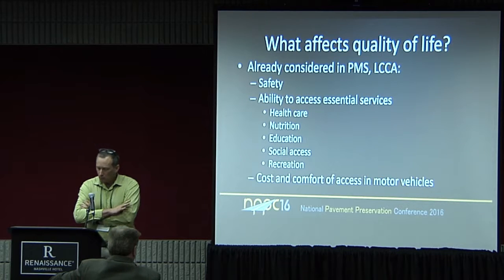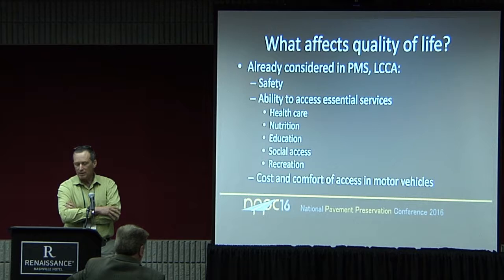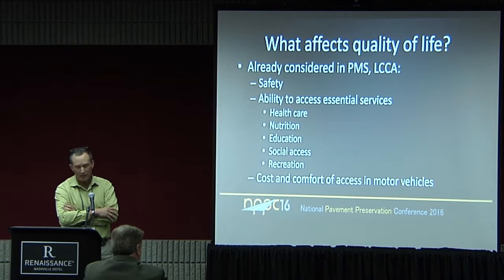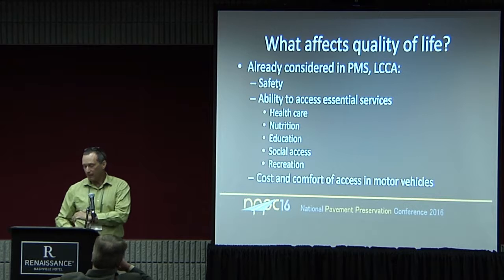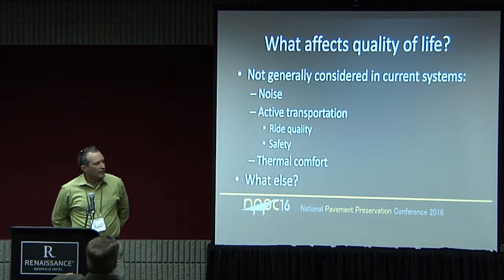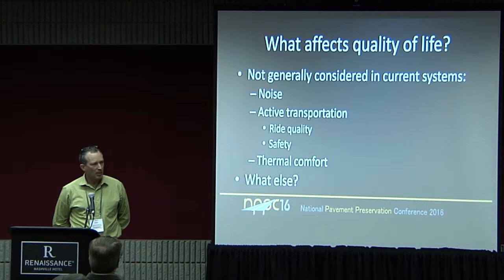So we've talked about safety, things that we already consider in our pavement management systems and life cycle cost analysis. Safety, the ability to access essential services, healthcare, nutrition, education, social access, recreation, cost and comfort of access in motor vehicles. What we're generally not considering are noise, the role and use of the roads for active transportation.